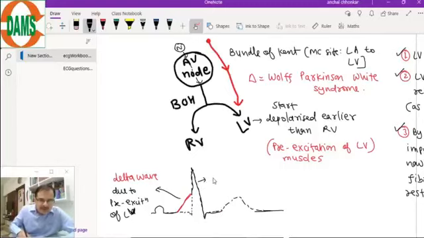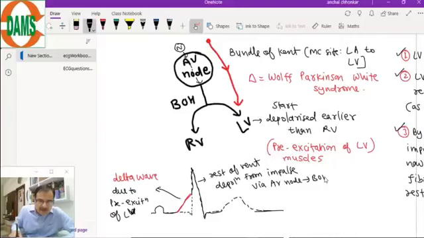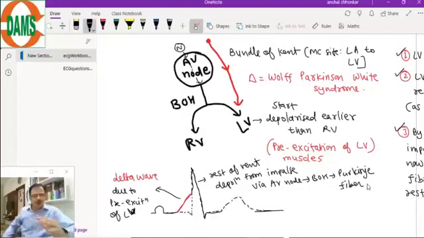So this is rest of ventricle depolarization from impulse via the AV node, bundle of His, Purkinje fibers. So this will be the diagram here.